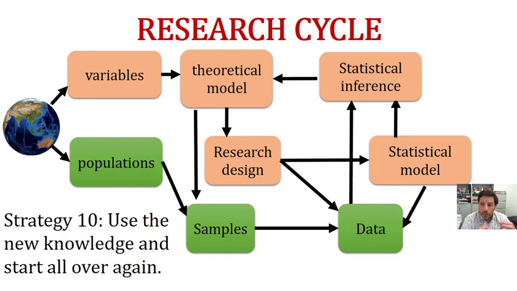Now, maybe the model that we have in mind works for a specific population, so further research may try to extend the populations to which that model applies. So we study different types of populations, and that is science.